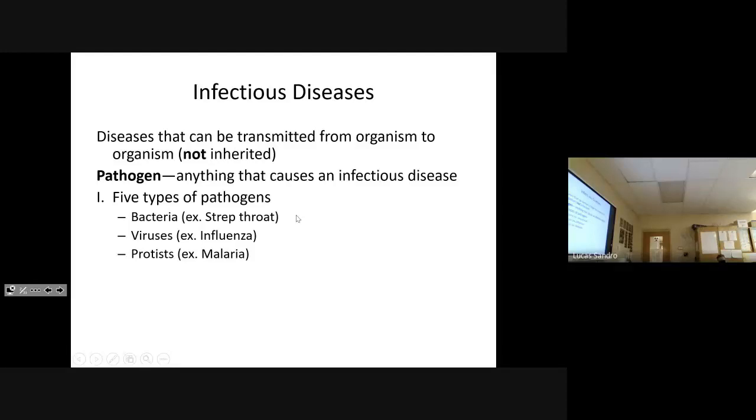So that's why malaria is so bad. Another one is amoebic dysentery. Cells are too complex. Antibiotics don't work on it. It's hard to treat. Some of you already know this, but fungi are a common pathogen. The most common human pathogen that is a fungus would be the one that causes athlete's foot.